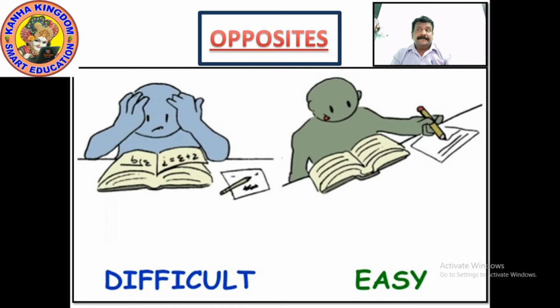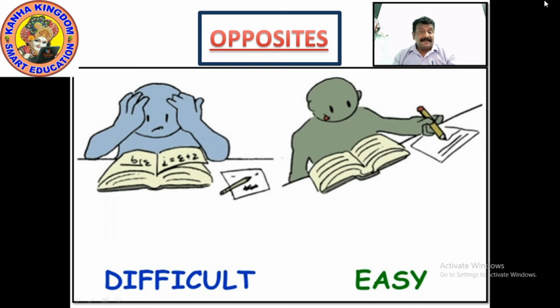Here you can see there are two students sitting. One has put his hand on his head. Why? Because he is not able to understand. It is difficult for him to understand. So he is in a problem. So he is telling it is difficult. And the other one is easily doing the work, he is writing it.